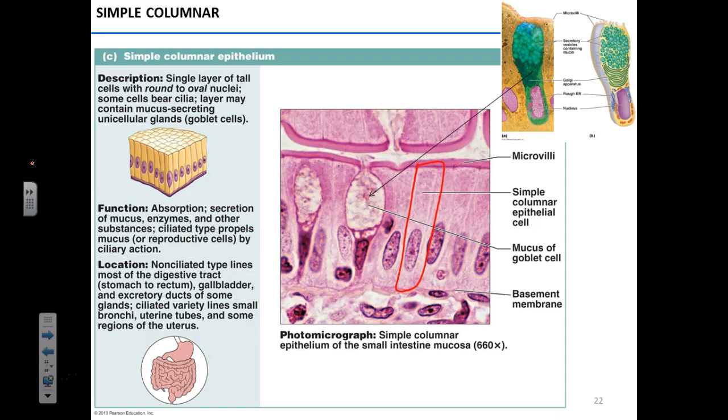Sometimes it's ciliated, well, whatever. Practically all layers of simple columnar epithelium, all locations, produce mucus. And we'll talk about mucus. Now, the function of columnar epithelium, for instance in the digestive system, is absorption.